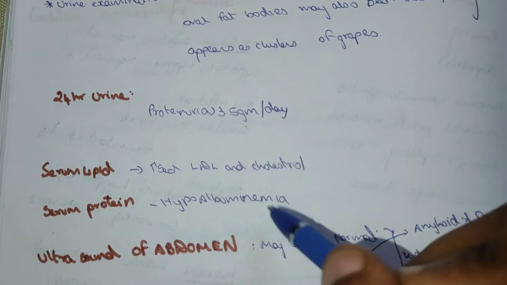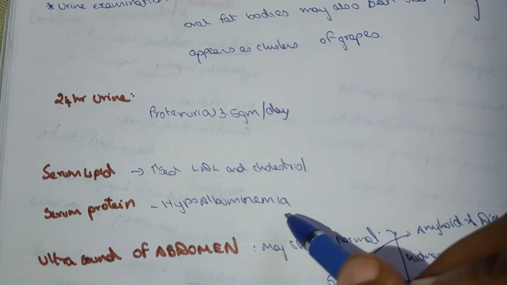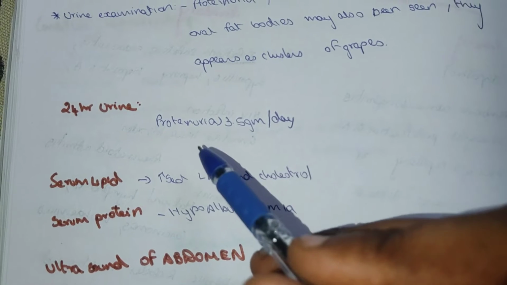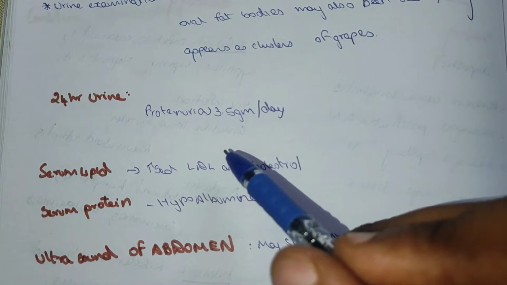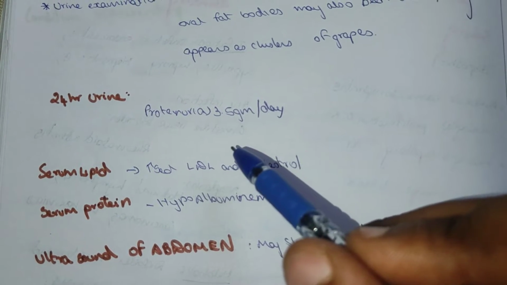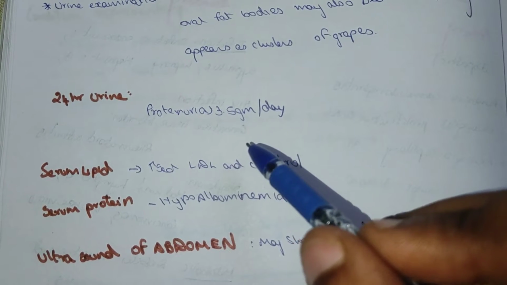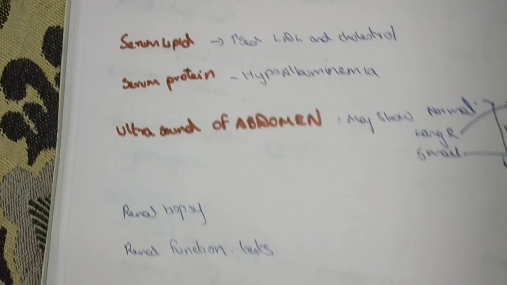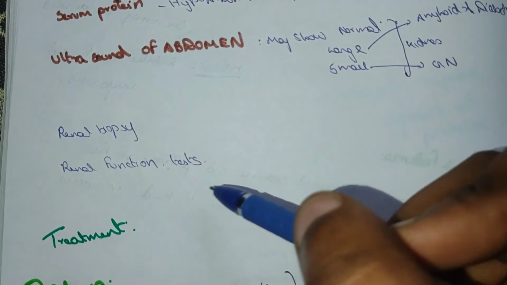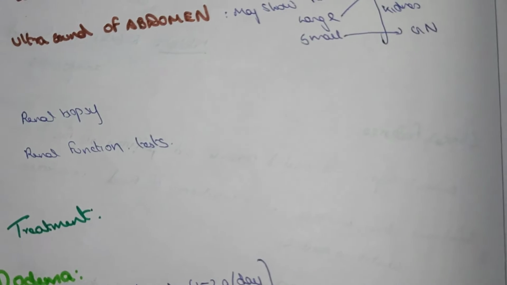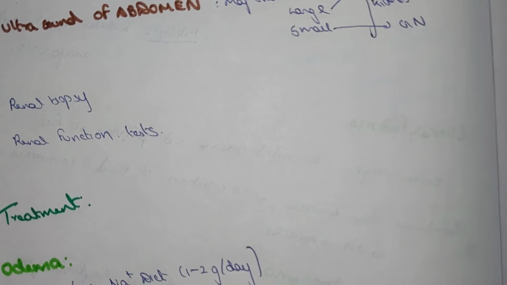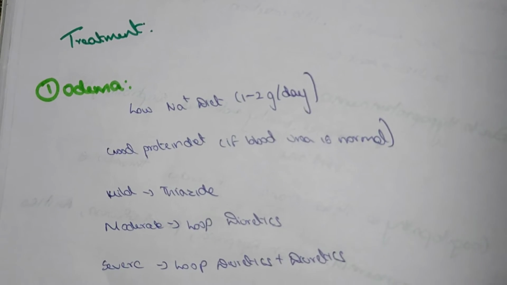In serum protein, the albumin level is low, so hypoalbuminemia is seen. Ultrasound of the abdomen may show normal, large or small kidneys. Large kidneys are due to amyloid as well as diabetes, and small kidneys are seen in glomerulonephritis. Renal biopsy and renal function tests are also investigations of nephrotic syndrome.